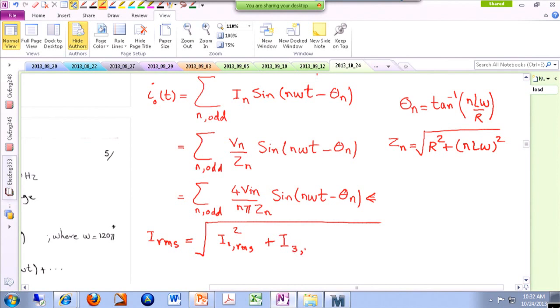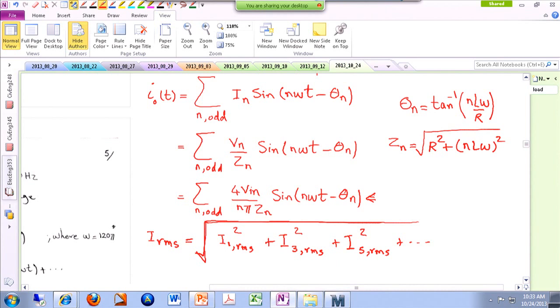The next component is I3 RMS squared. So I look at the RMS value of the fundamental harmonic of my output current, get the square value of that, get the RMS value of the output current at the third harmonic, then get the square value of that, then add all of these square values with each other, and then take the square root of the whole thing. All right?